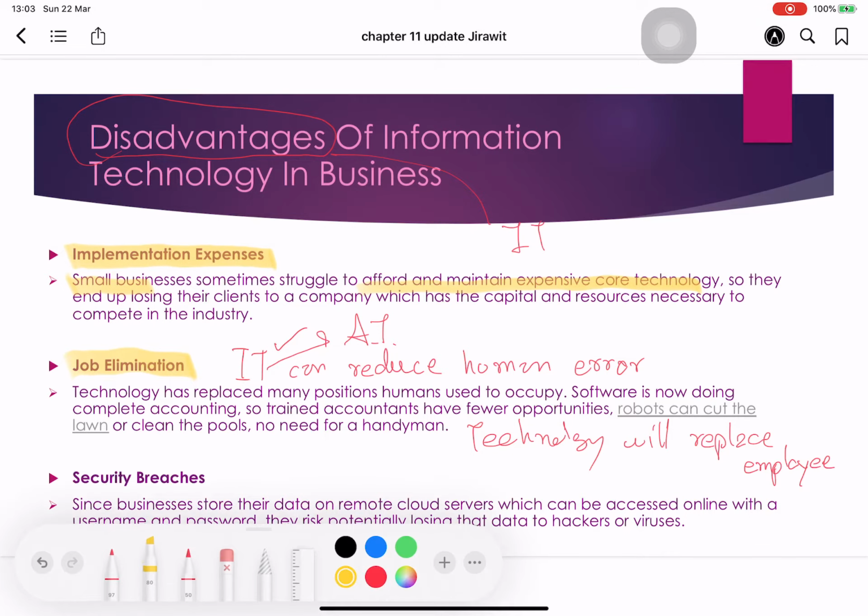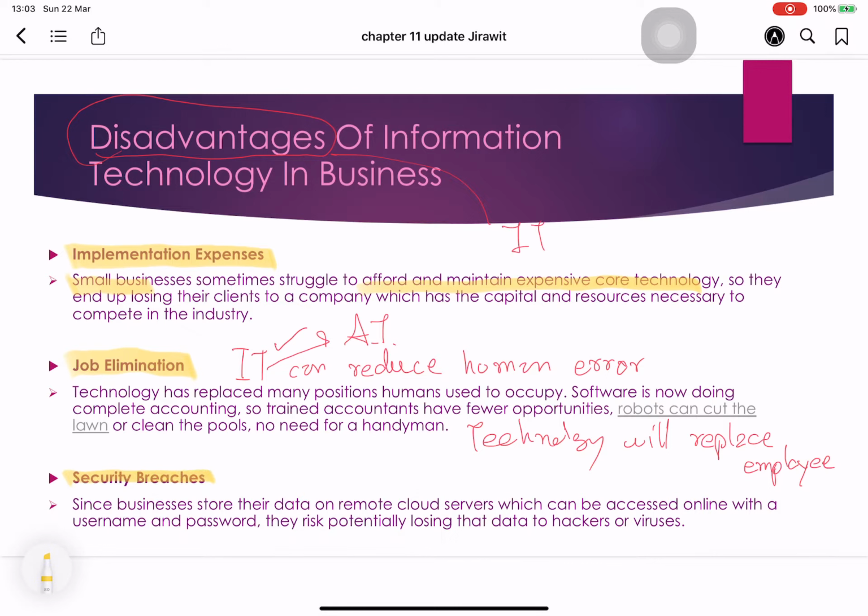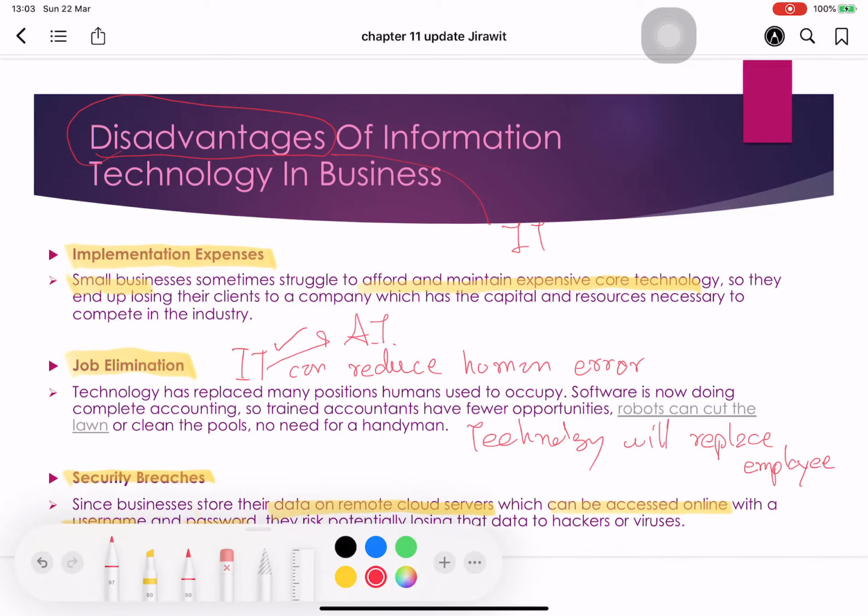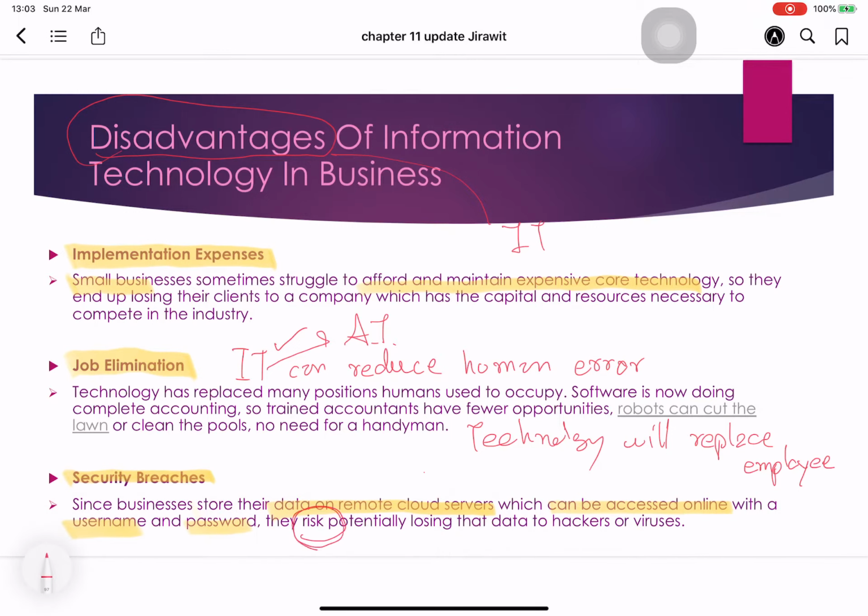And another disadvantage is about security breaches. The data on a remote cloud server can be accessed online, right? And if you lose your username and password, there might be many risks, right?